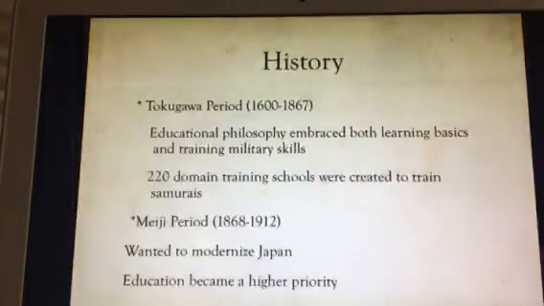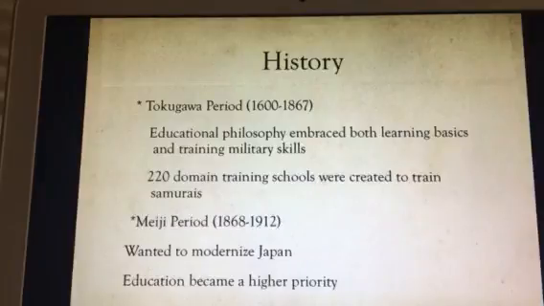Okay, so to talk about some brief history on the country of Japan and to discuss how it developed into what it is today and some tribulations they may have experienced. The first period was the Tokugawa period, which started in the 1600s and ended in 1867.